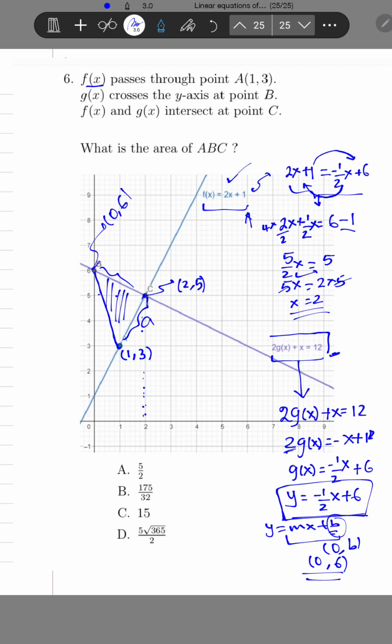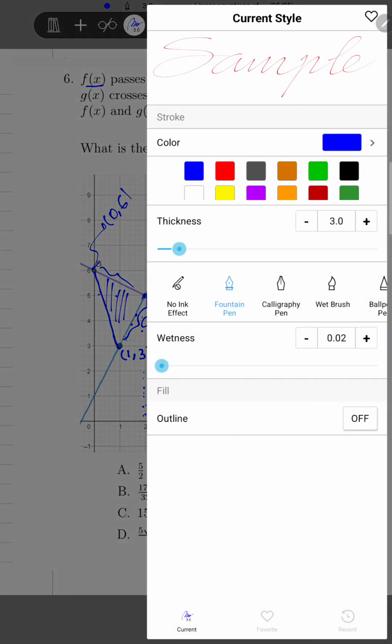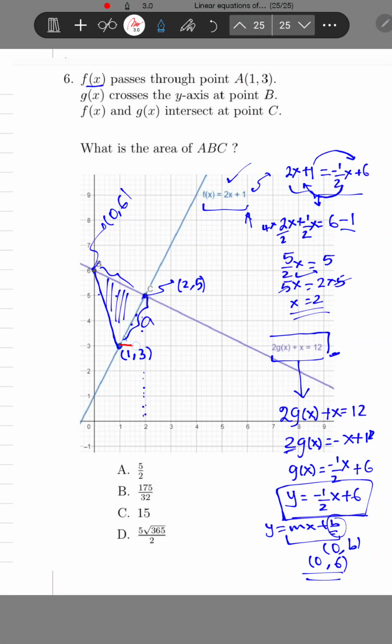You can see this distance as, let me trace something here to make things clear. You can see this triangle here, which is a right angle triangle, in which it has got 2 sides here and then a hypotenuse. So we can use the Pythagorean theorem to say a squared plus b squared is equal to c squared.